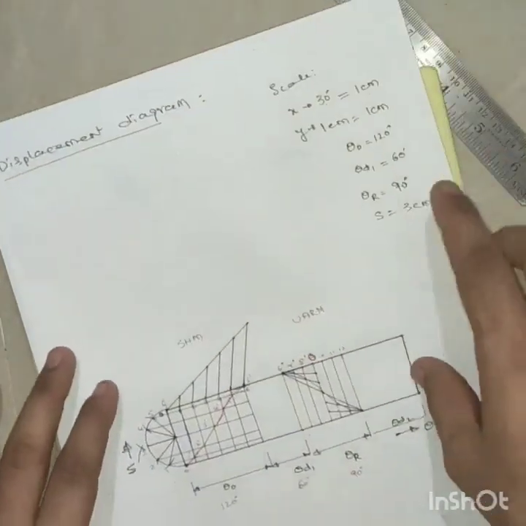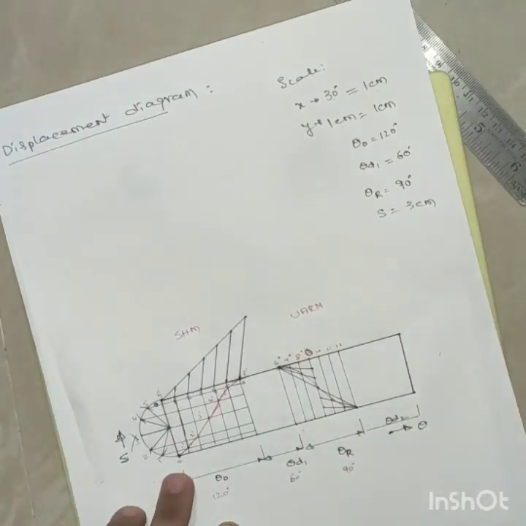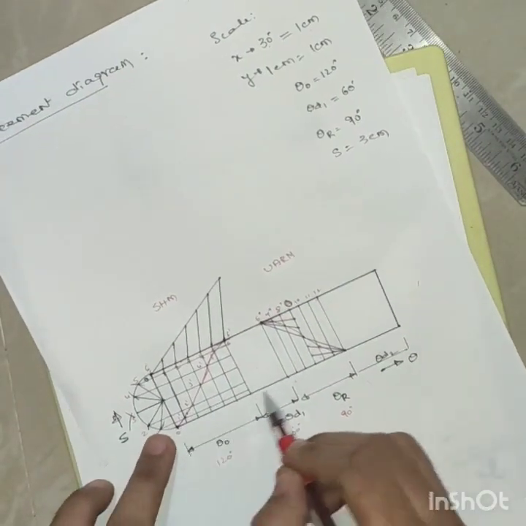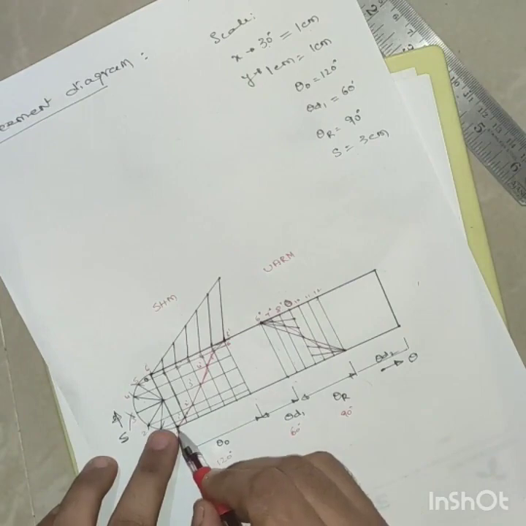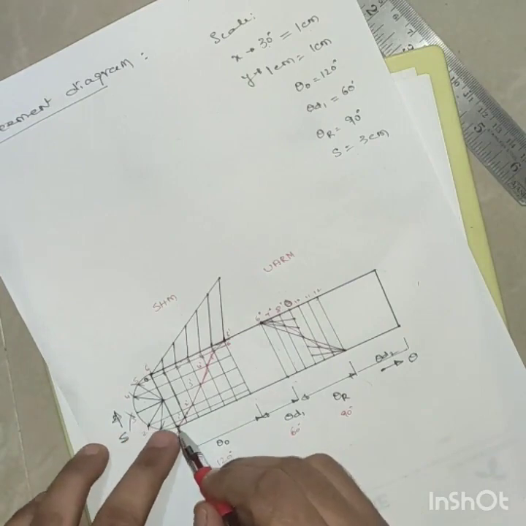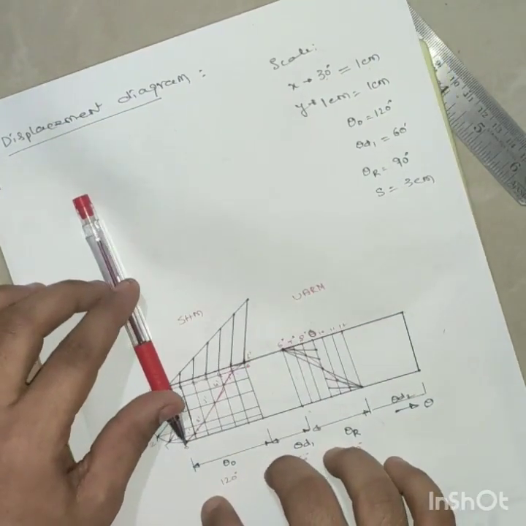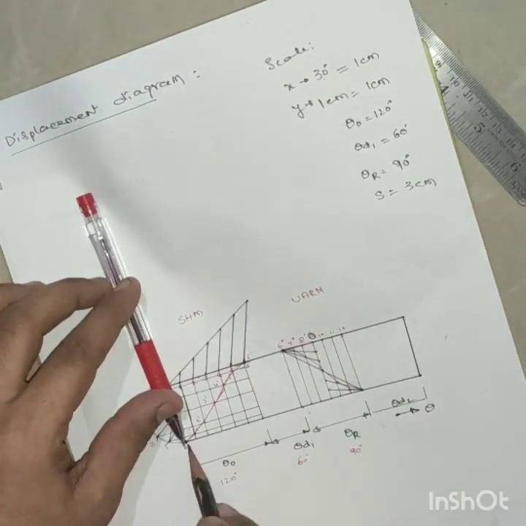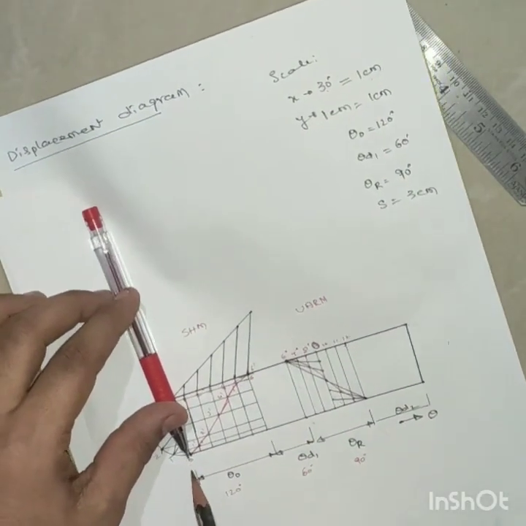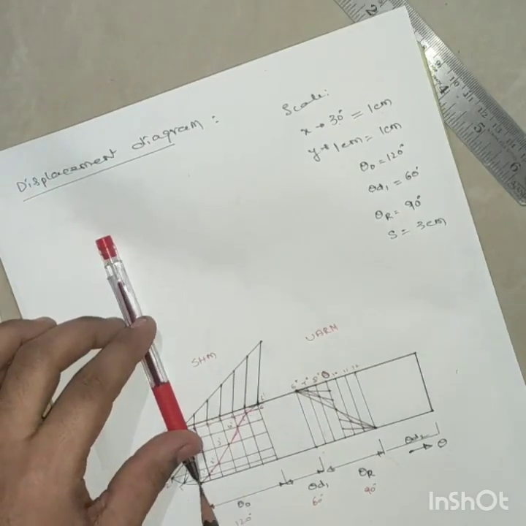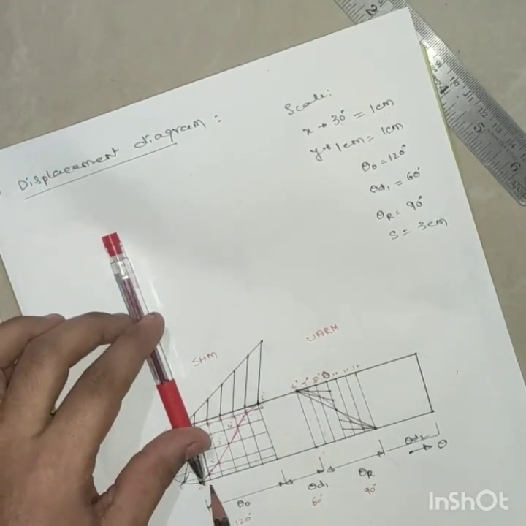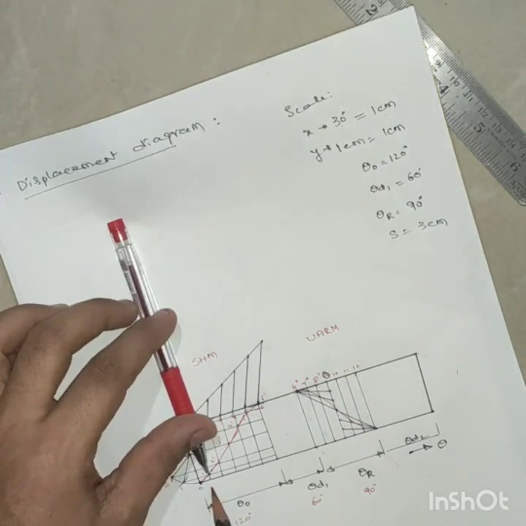You take the reference of the displacement diagram. Now this x-axis or the 0 line shows the initial position of the follower. At this 0 angle, the follower is at the initial position. When the angle increases, the follower moves up.